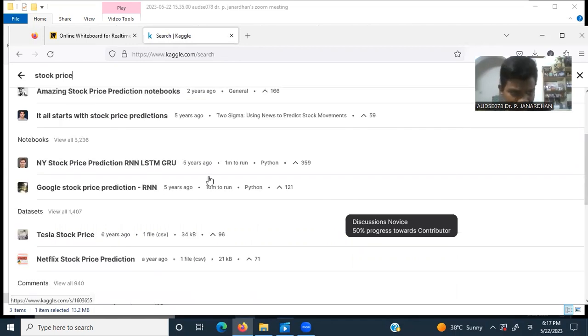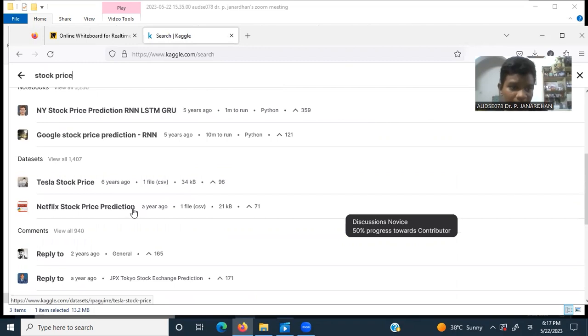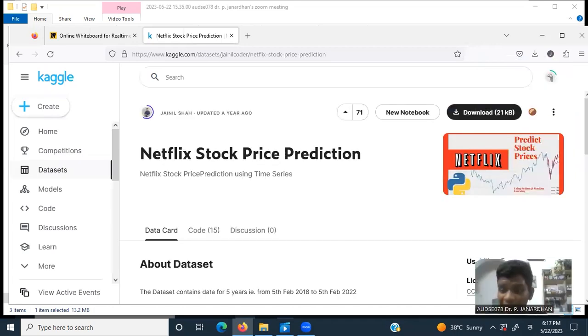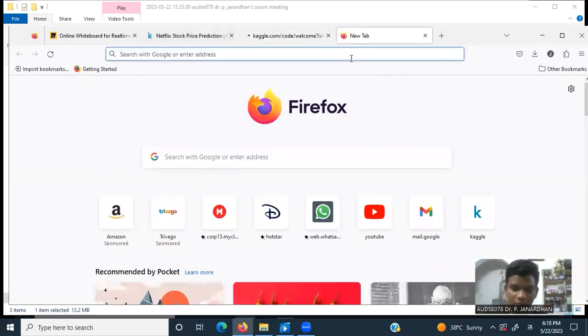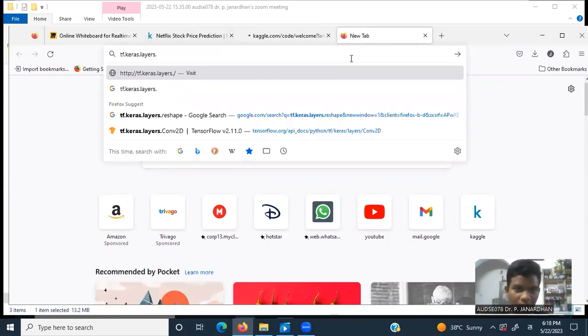There is a module in TensorFlow, so you can easily use TensorFlow to do this. TensorFlow already has a pre-written library called, I think, SimpleRNN. Let's see. You can go to Google and search tf.keras.layers.RNN.